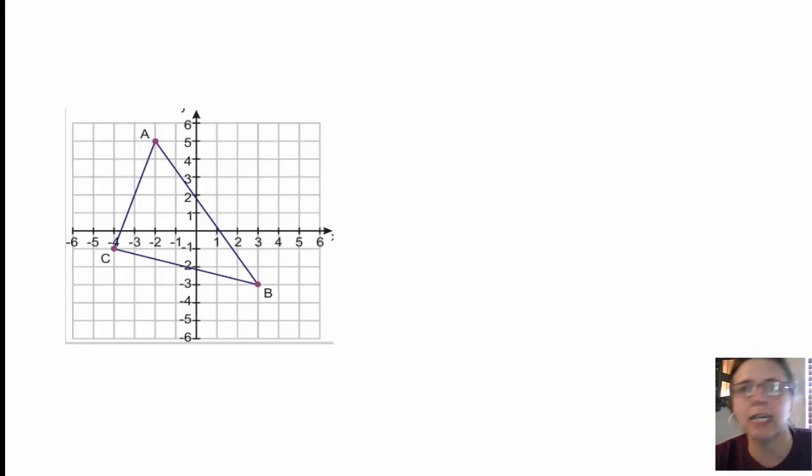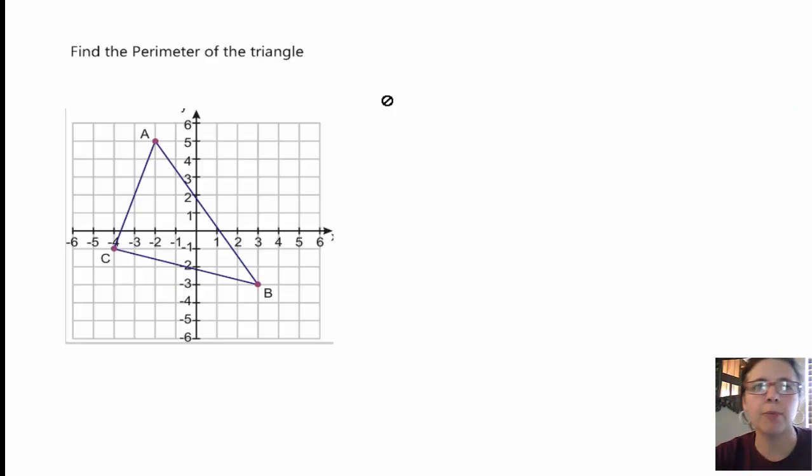Now, our last one. Sometimes they're going to give you just the triangle, and it's going to say, find the perimeter of the triangle. So you have to come up with your points, and you have to find the distance of all 3 sides. If it was just flat across, like just straight, then you could just count, but these aren't.